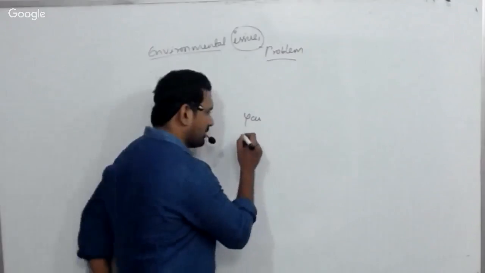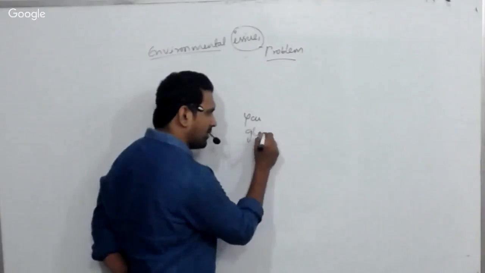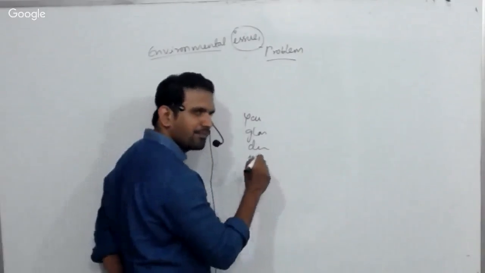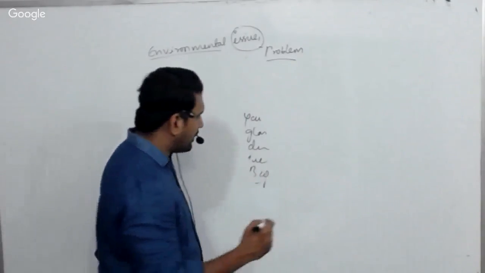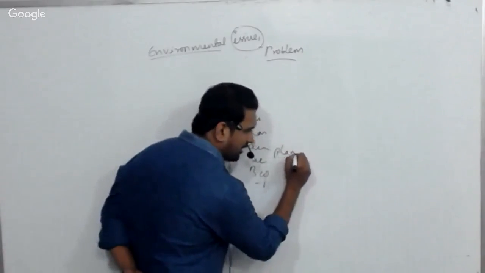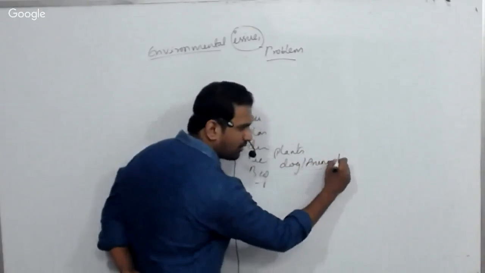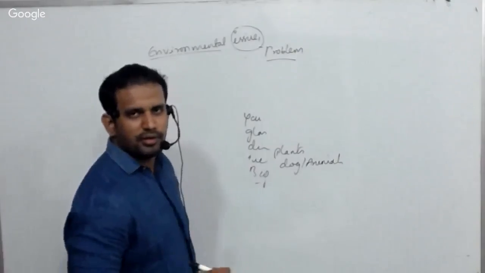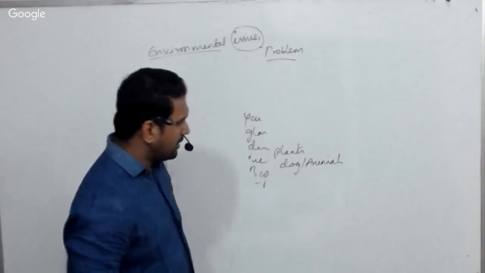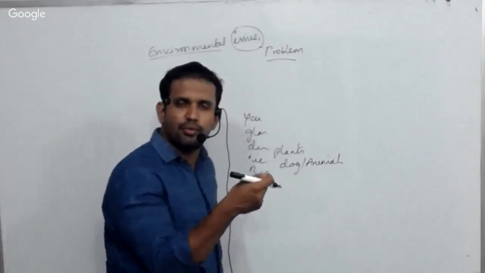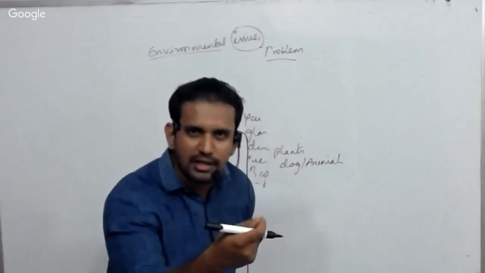Then you will say, sir, a glass is there in my home, a dining table is there, a tube light is there, a bag is there. If I go out, plants are there, dogs are there, nothing but animals are there. Right or wrong? Absolutely right. So what else will you see? Some cleverer students may also answer in this way.